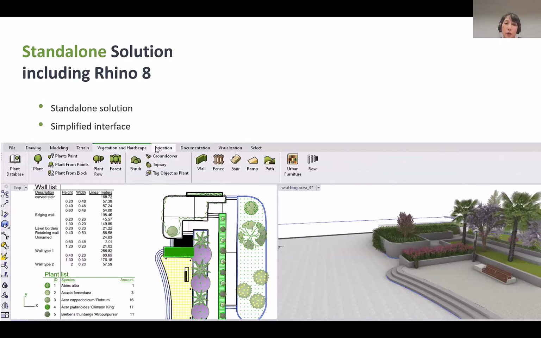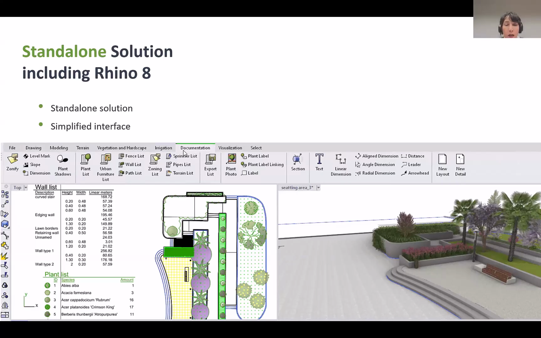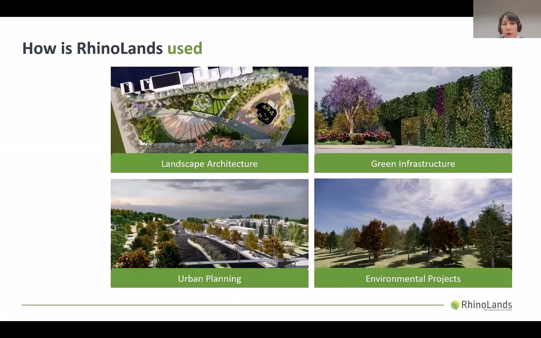So right now, RhinoLands is the standalone program. The program is used for landscape architecture, for green infrastructure design used by civil engineers, for urban planning projects, and for environmental projects. For example, we can easily model a forest by using the program.